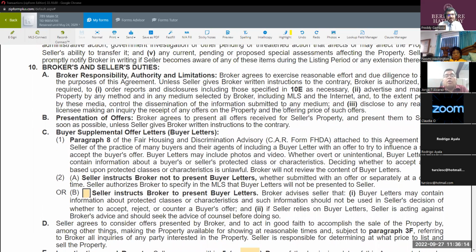So when it comes to presenting the offers, keep in mind that all offers must be presented in the order they came in. You cannot pick the best ones and leave the worst ones to last, or vice versa.